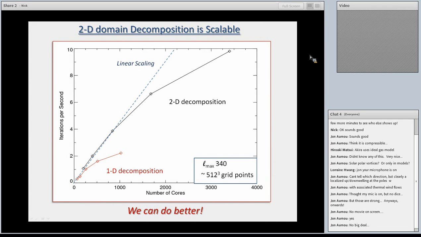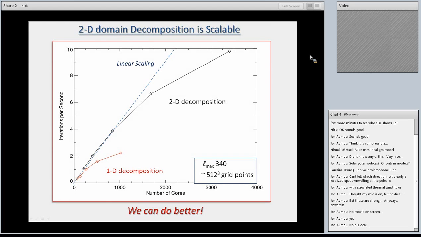So this is a 512 cubed class problem, and we used to scale out well to about 512 cores, maybe 1,000 cores if you don't mind the big efficiency hit. But when I restructured the code this way, we scale out to almost 2,000 cores quite efficiently in this case. I was really happy with this, but what's interesting is that you can do even better.